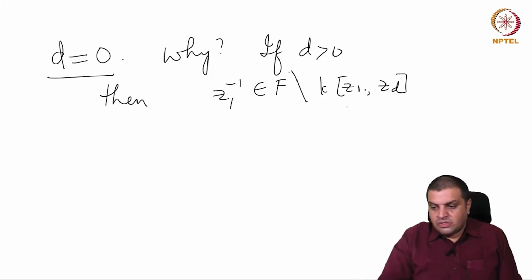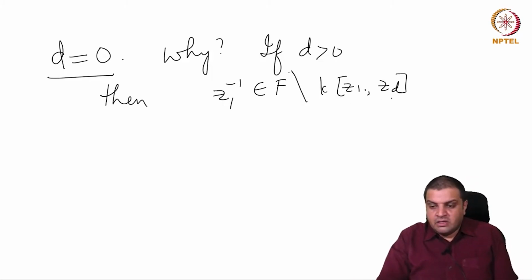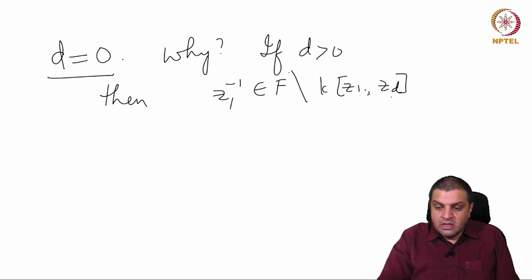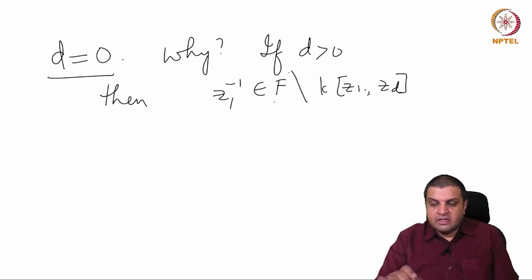That's because this is a polynomial ring. It does not contain inverses of the variables. So it won't be inside here. But it is inside F because F is a field. I mean, z1 is an element of F, so its inverse is inside.